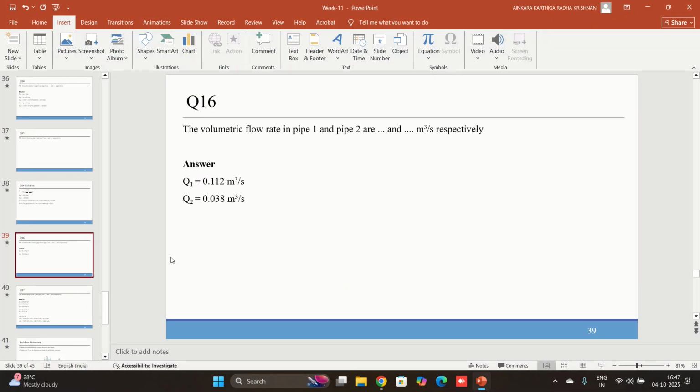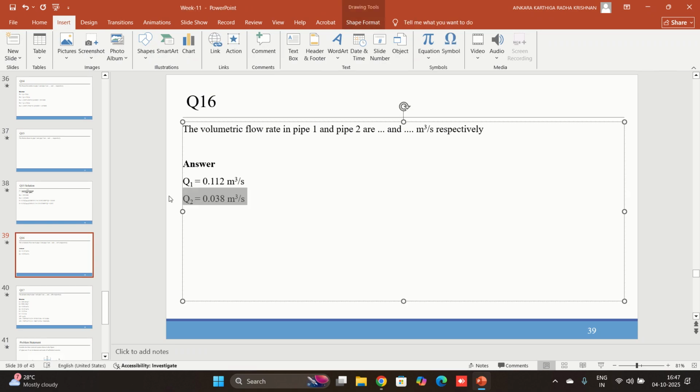So we can give it a direct substitution. So Q1 is 0.1202 meter cube per second and Q2 is 0.02978 meter cube per second. So that is for question 16.